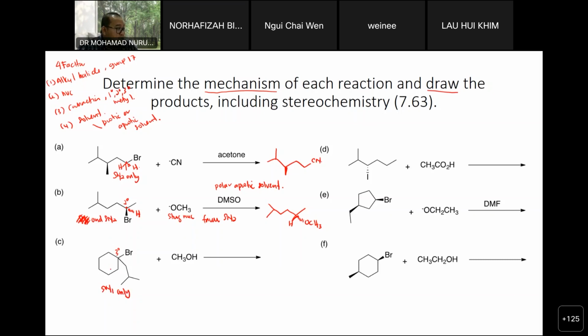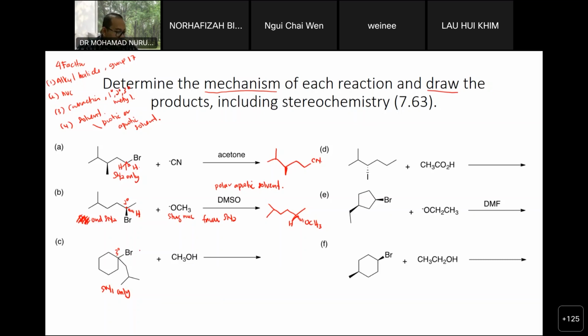Just see this: SN1. If you know there is a substitution, you can jump to conclusions. Primary is SN2, tertiary is SN1, but you have to be focused on the secondary alkyl halides, because it can be both, by considering the nucleophile and also the solvent.